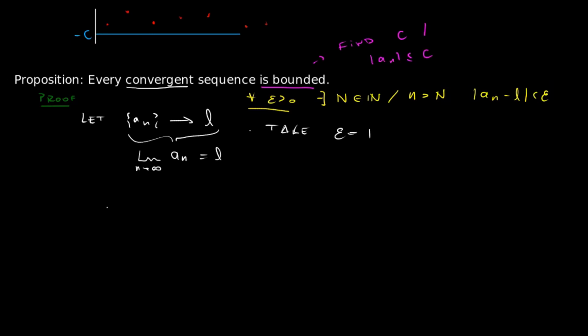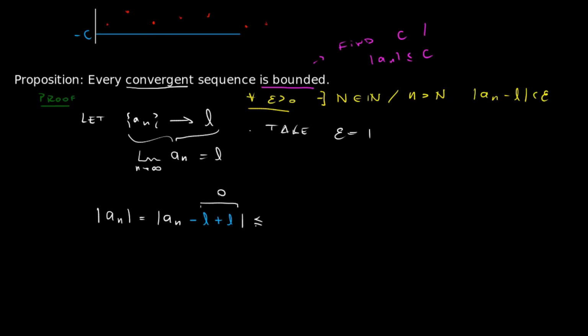So let's start by saying what a sub n is. And what we can do here is write this as a sub n and subtract L from this expression and then add it again, because this equals 0, so the equality still holds.